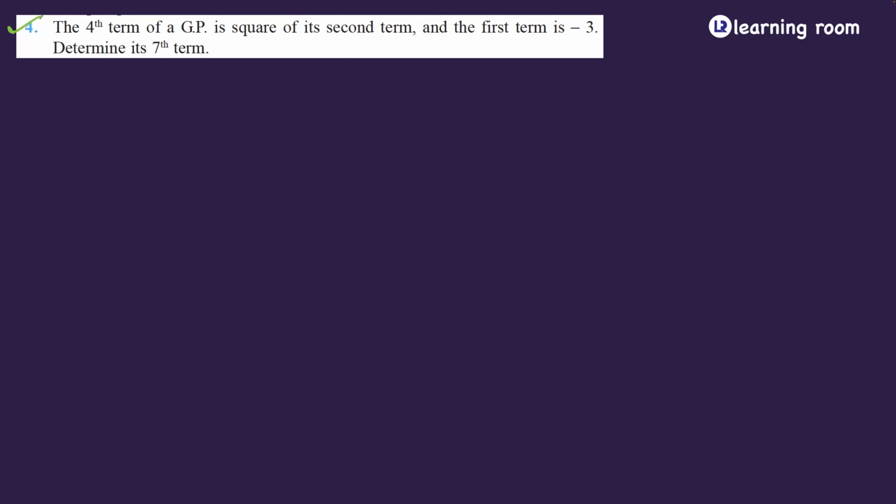The question says the fourth term of a GP is the square of its second term. So let the first term be A and the common ratio be R. So the question is: the fourth term of a GP is the square of its second term.